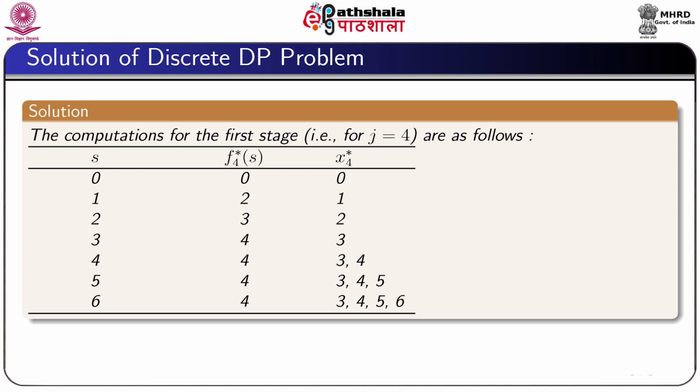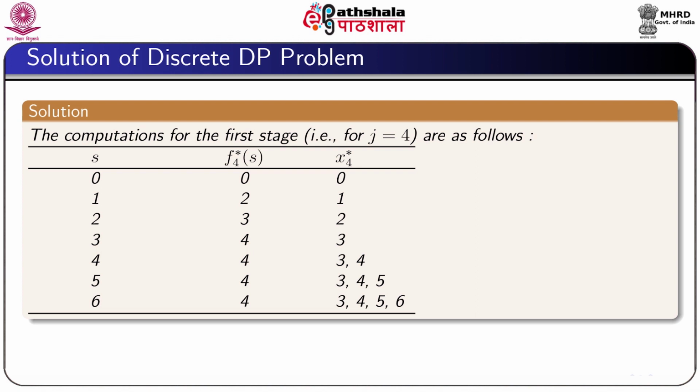When the available crates is 0 and we allocate 0 to store 4, the profit is 0. From the table we can get these values. When the available crates is 1 and we allocate 1 crate to store 4, then the profit is 2. Similarly, we can find the other values.